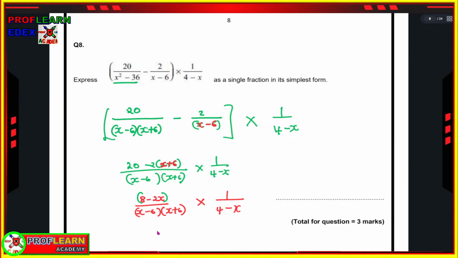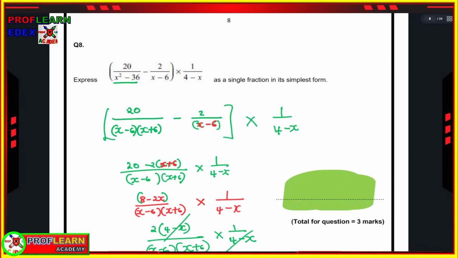Yeah, so for the interest of other guys, we factor out 2. So if you factor 2 out, you're going to remain with 4 minus x into x minus 6 x plus 6 times 1 over 4 minus x, and you can see this and this will cancel out, and that's why Amaze has written that if you work it out, the answer is going to be 2 over x squared minus 36.